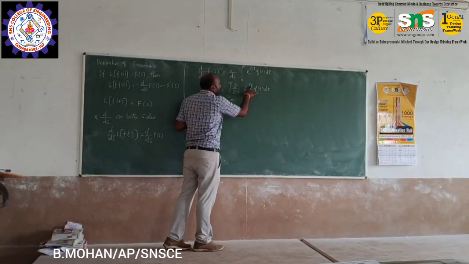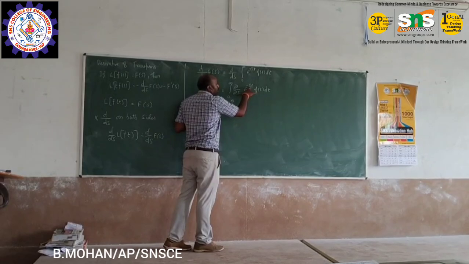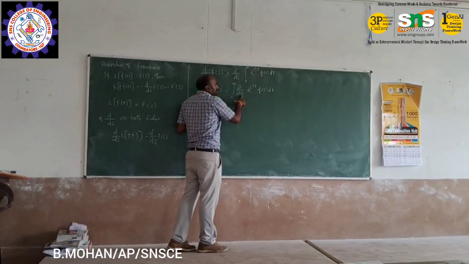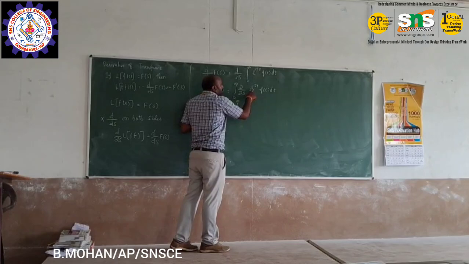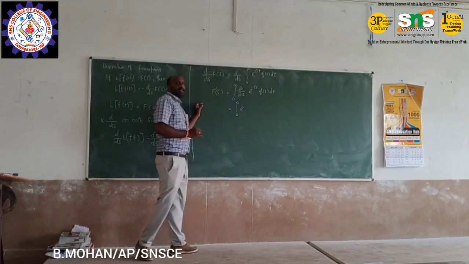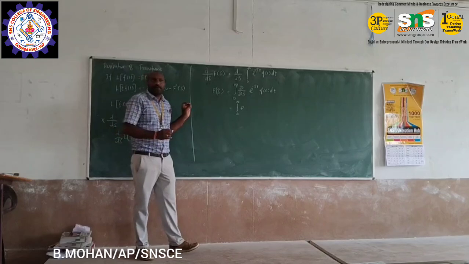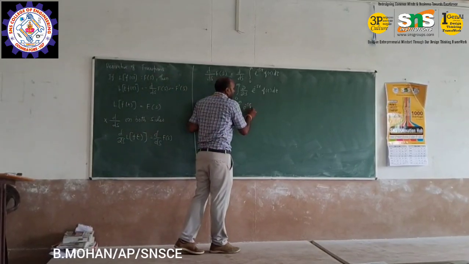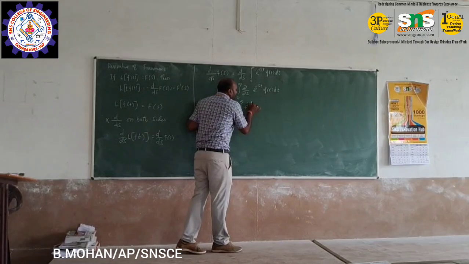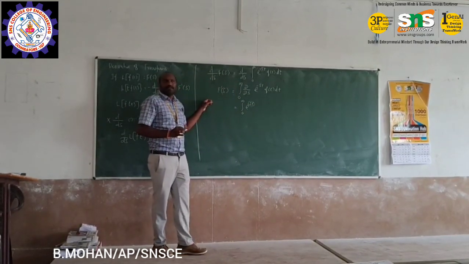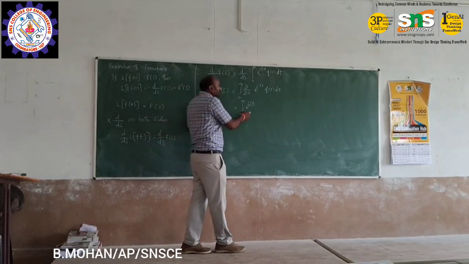We have to differentiate e power minus st with respect to s. As per the formula, the differentiation of e power x is e power x. So e power minus st. Then again we have to differentiate minus st, because this is the chain rule.